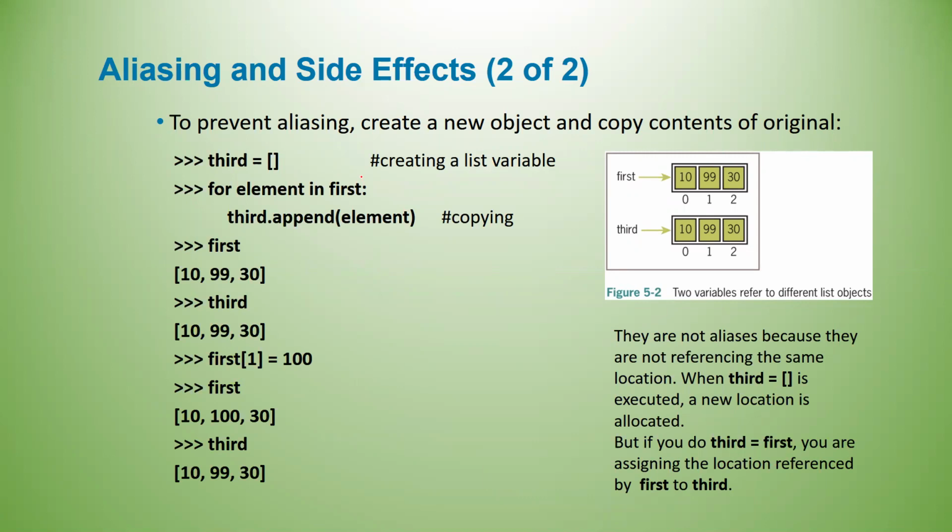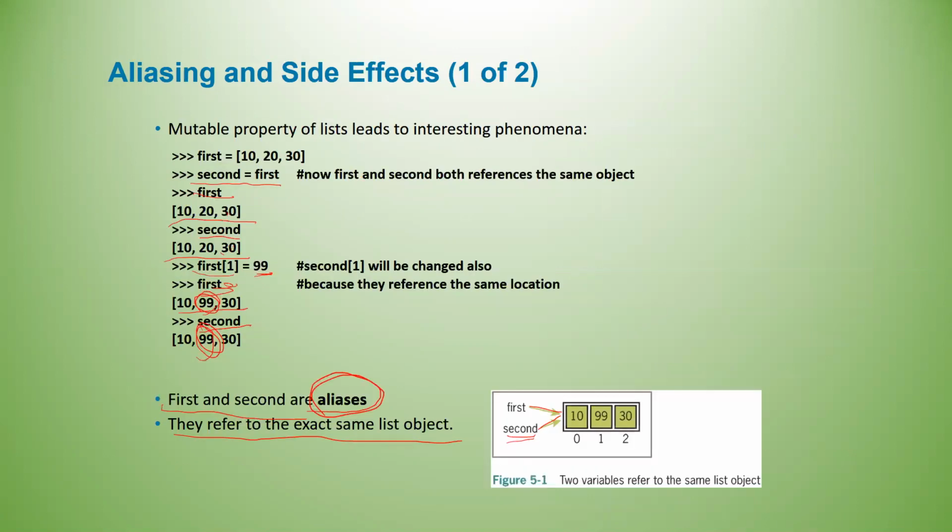Because when you do this simple assignment, you are not creating a second list. You are using two different names to reference the same list. So if you change the list element through one name, when you reference it through another name, it's changed also, because they are referencing the same object.